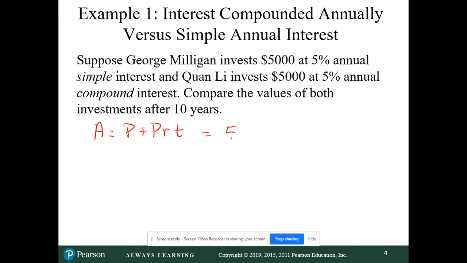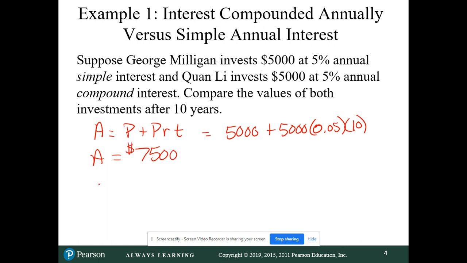So 5,000 plus 5,000 times 0.05 times 10 years. Somebody, calculator. 5,000 plus 5,000 times 0.05 times 10. $7,500.